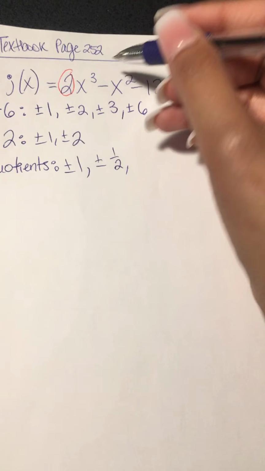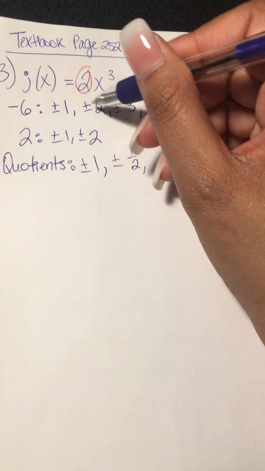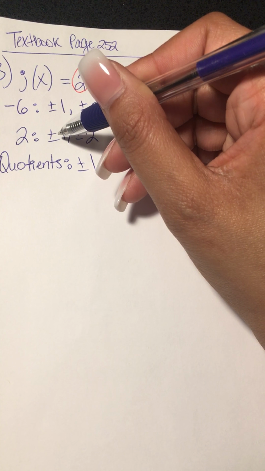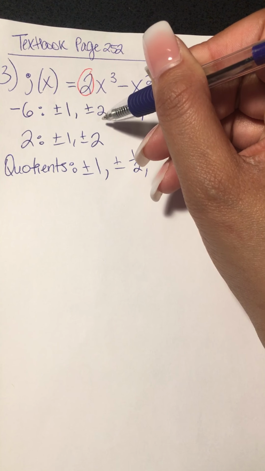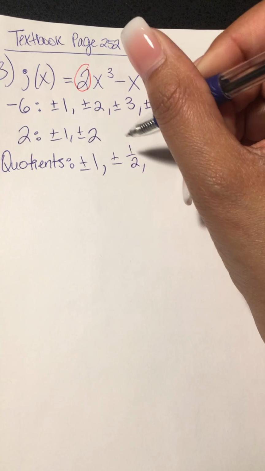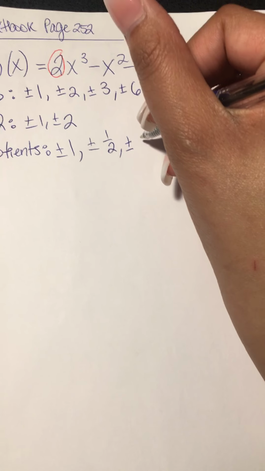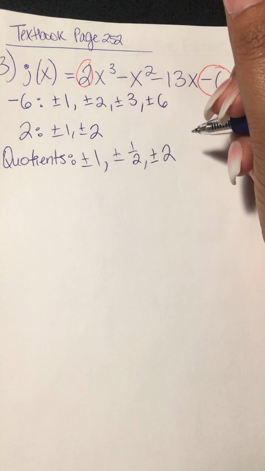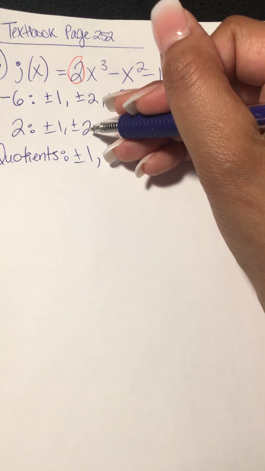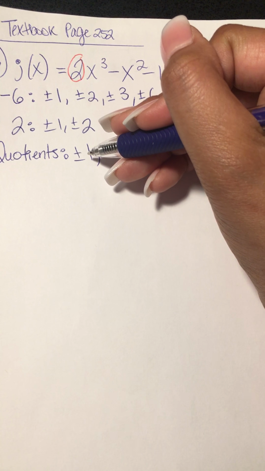Go on to the 2 because we're done with the 1 now. 2 divided by 1 is 2, and 2 divided by 2 is 1, but we already wrote that, so we don't need to write it again.